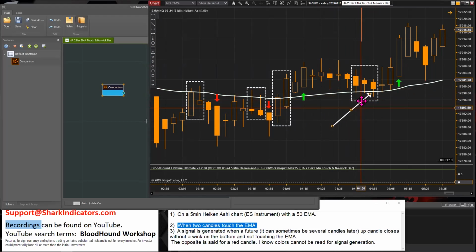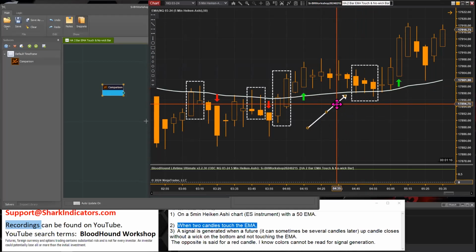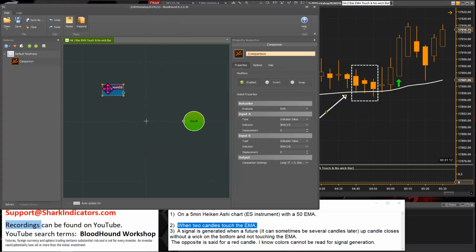Those two conditions identify a bar touching a moving average. Let's connect that in, and we can do that all with one solver here.